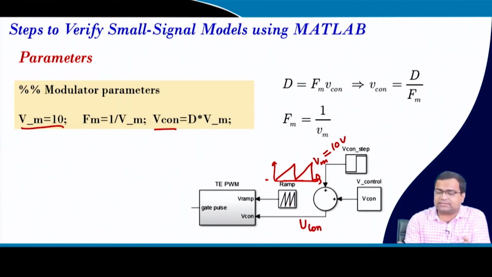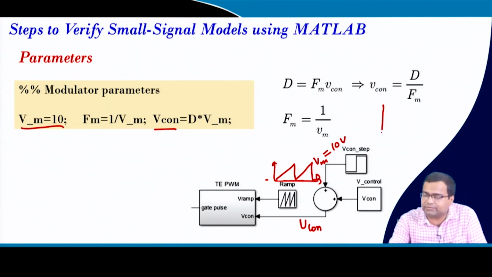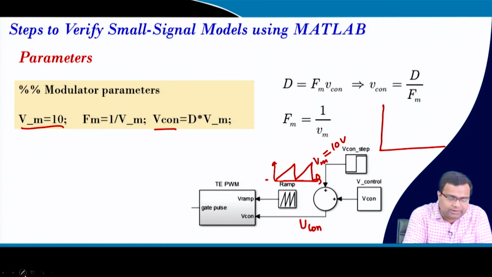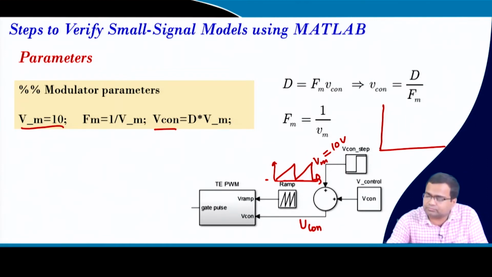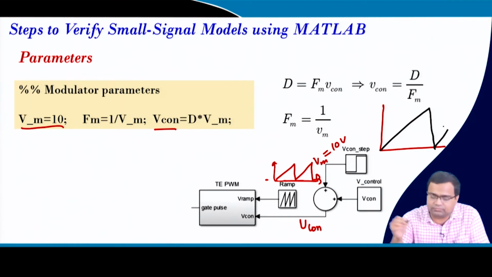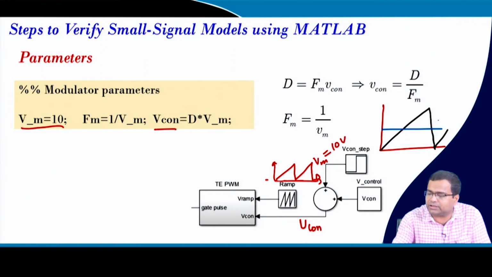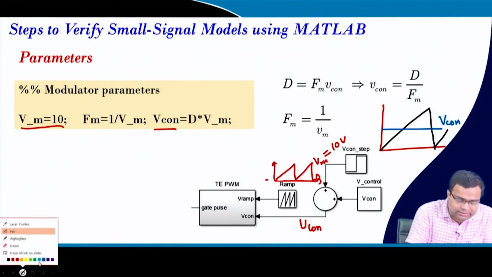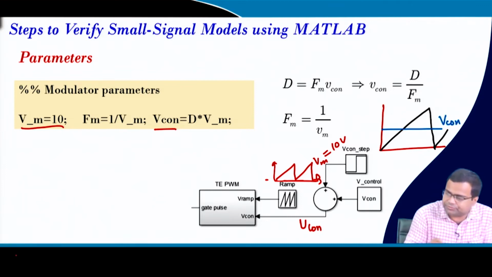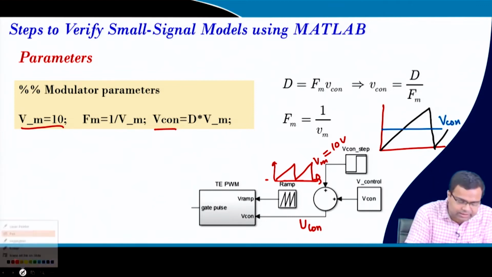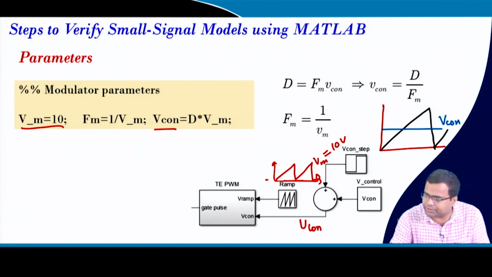Now, once you compare this control voltage with a sawtooth, if I draw here using a different color, this is my sawtooth waveform, and this is my control voltage V con, then this will generate my duty ratio.